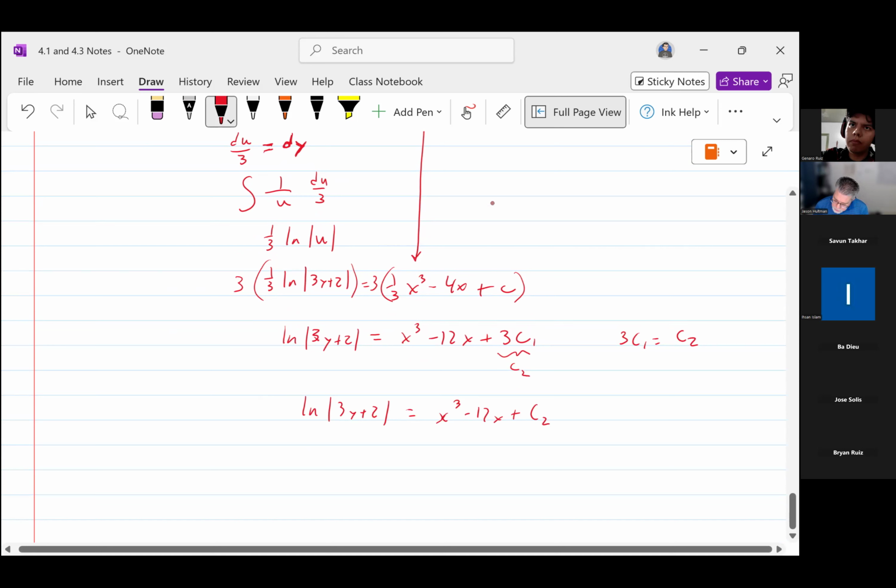Now I'd like to get rid of that natural log. So I'm going to make this base e on both sides. We try to get rid of that natural log.